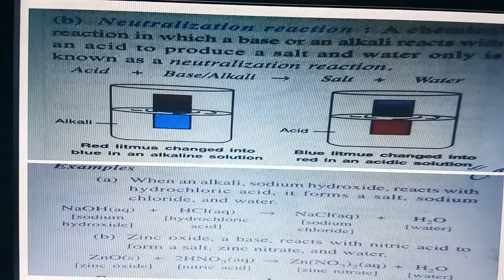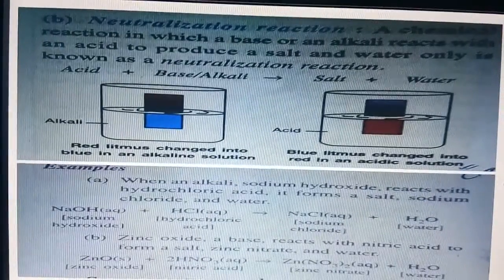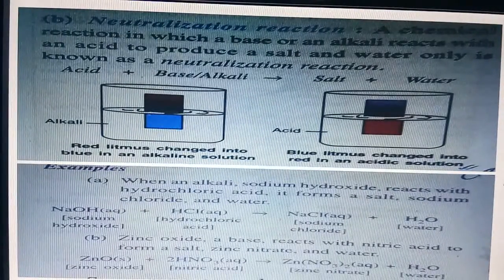Now, when you are suffering from acidity, there is a lot of pain in your stomach because of acid formation. So when there is acidity, what will you do? The doctor will prescribe you to take Digene or Gelusil or Digestive, anything which is a base.